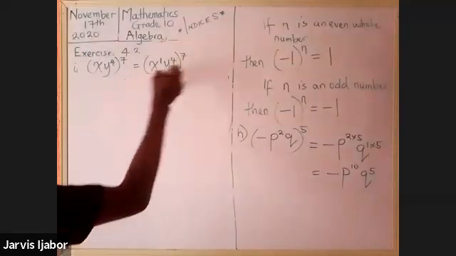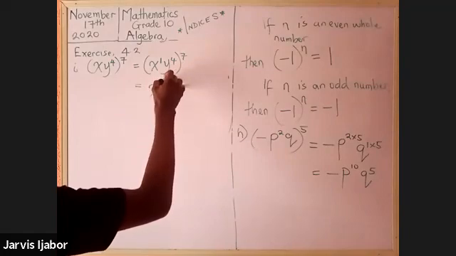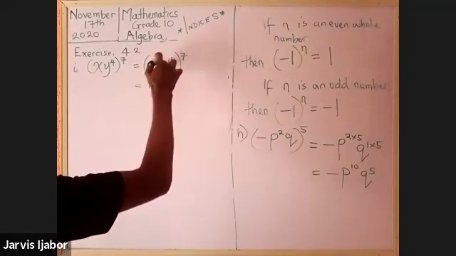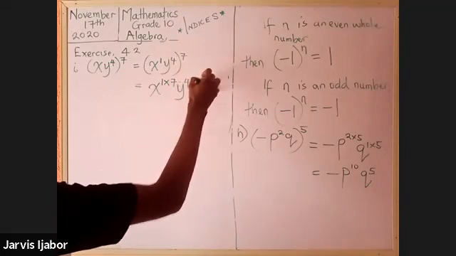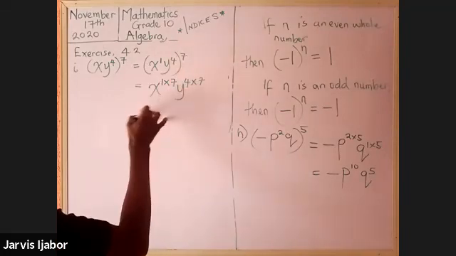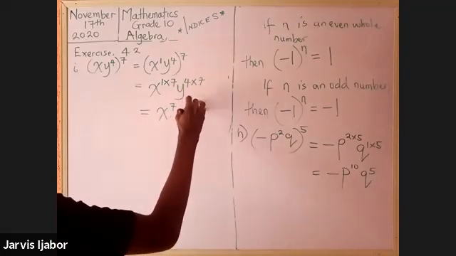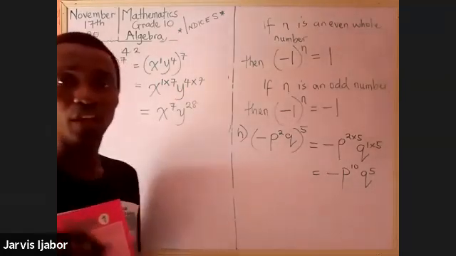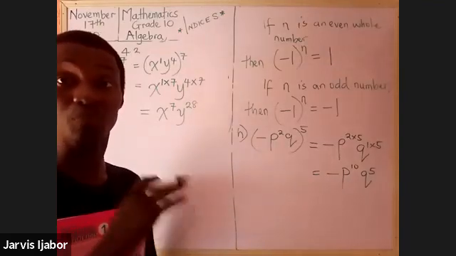So this will now be equal to what? X raised to the power of 1 times 7, y raised to the power of 4 times 7. And what does that give you? X to the power of 7 and y to the power of 28. You will discover here that your multiplication needs to be very, very good.